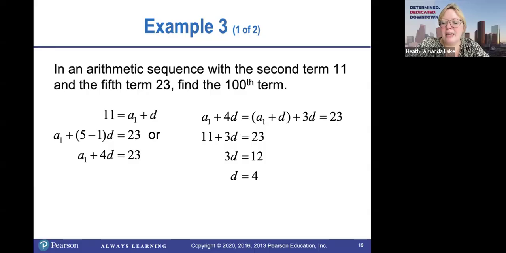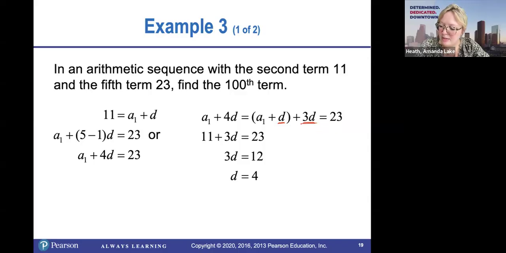Now, I can solve these two equations and find what A1 and D are. I know A1 plus 4D is A5, right? That's the 23. But I can also split this by taking one of the D's and three of the D's apart.